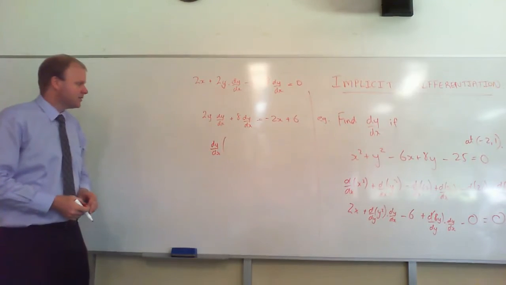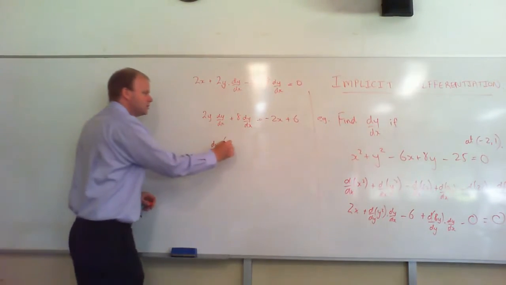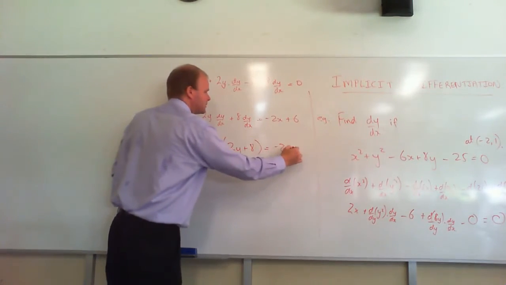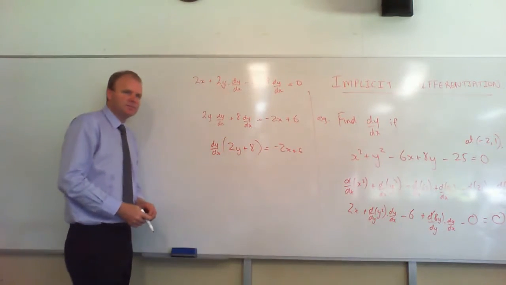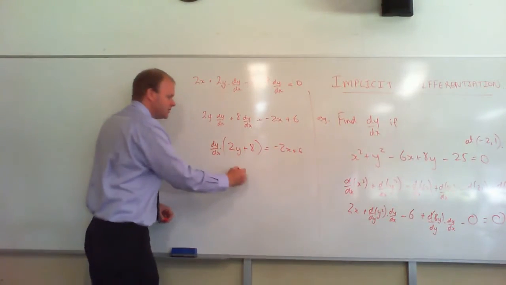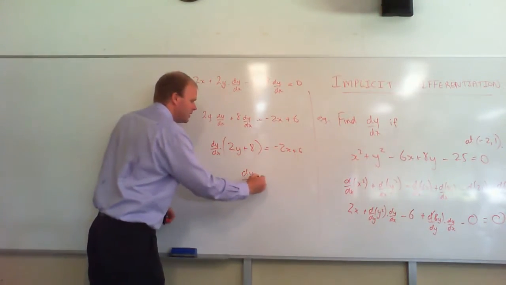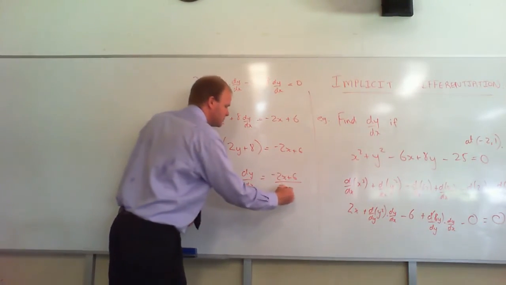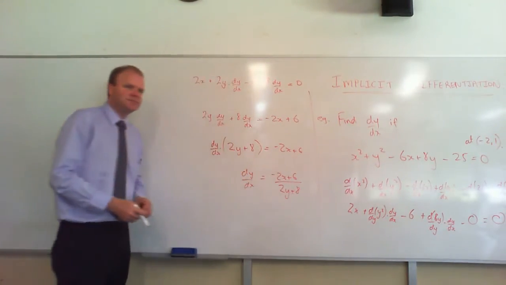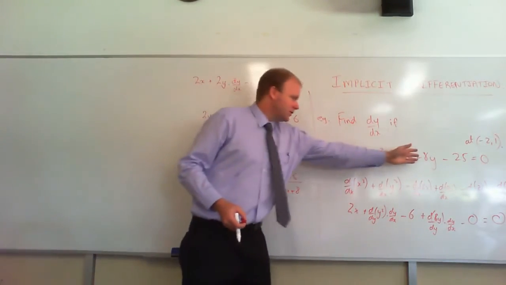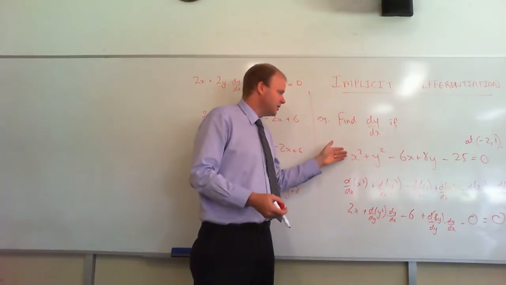Dy dx is a common factor. 2y plus 8 equals negative 2x plus 6. Now this is multiply, remember? So to get dy dx on its own now, dy dx equals negative 2x plus 6 over 2y plus 8. There's an expression for the derivative of this, which is actually an ellipse.